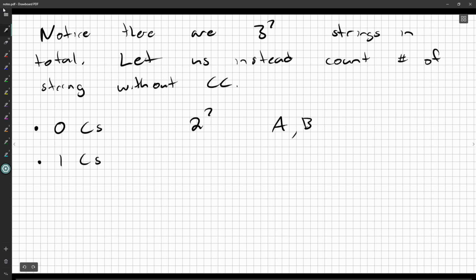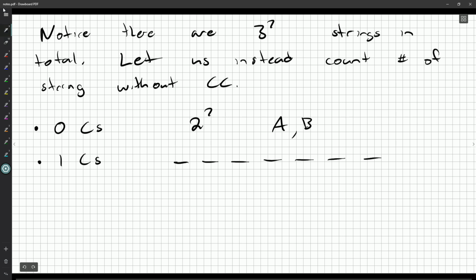Now, if you've got 1 C, where can that C go? Well, it doesn't really matter where it goes, right? Because it's going to be the only C. Now, when we get to 2 C's, we're going to have to make sure that they are apart from each other.